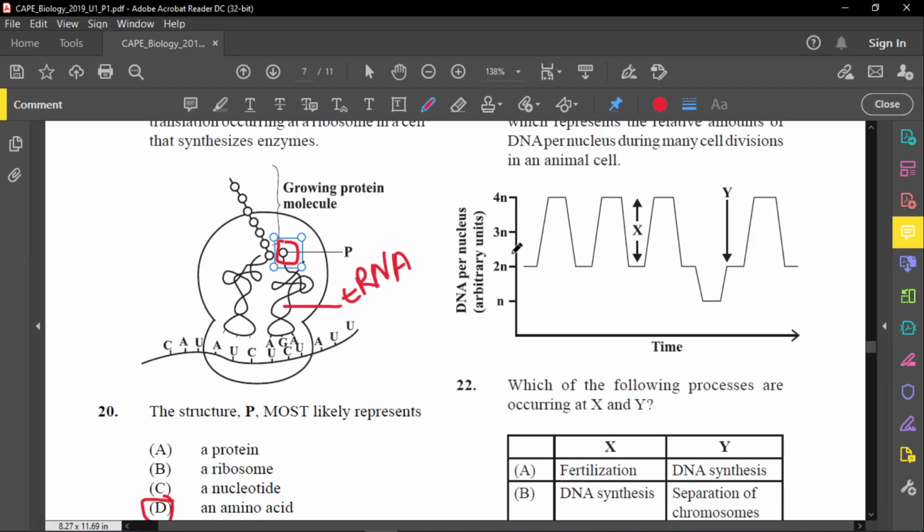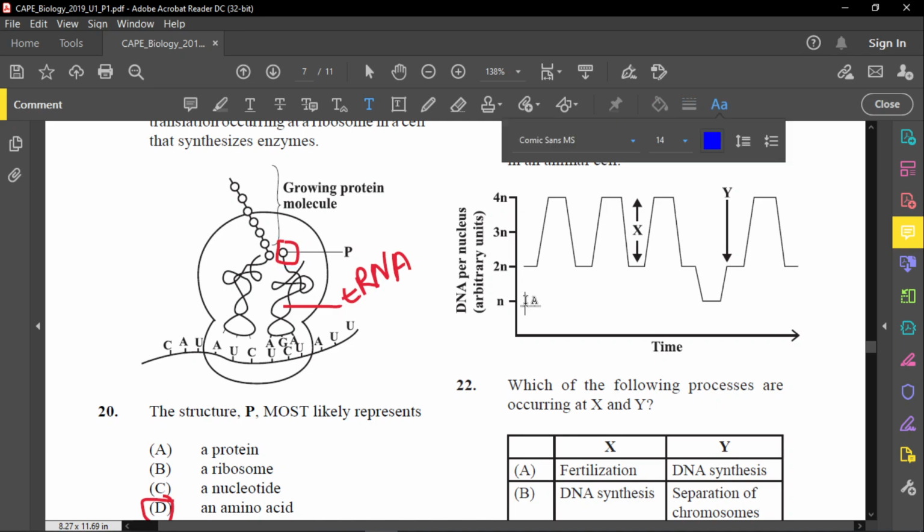Now, if we're talking about reproduction and cell division, N represents what they call the gametes, which is haploid. So once you see N, you're talking about haploid, which means gametes. Once you see 2N, you're talking about diploid or fertilization.